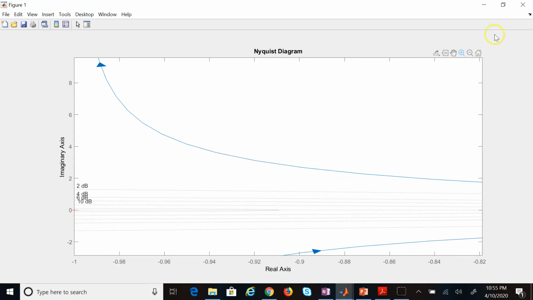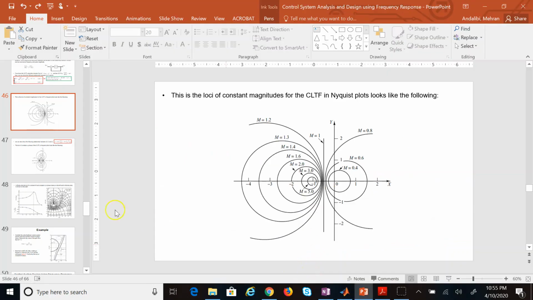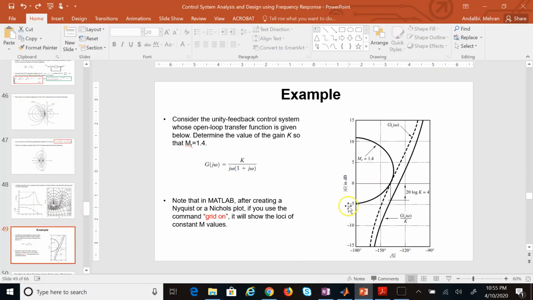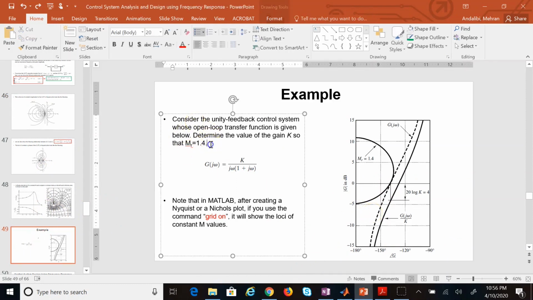So you can do it here, but for answering these problems, Nyquist is not typically the easiest type of plot if you want to solve these problems relating to resonant values. Nyquist is a little hard.